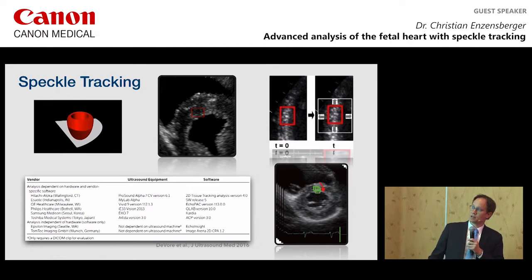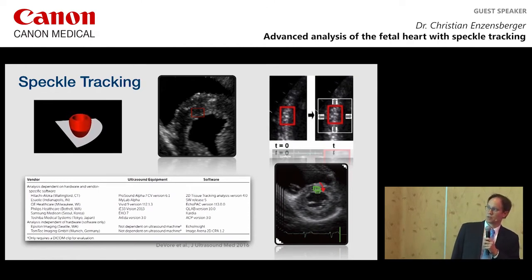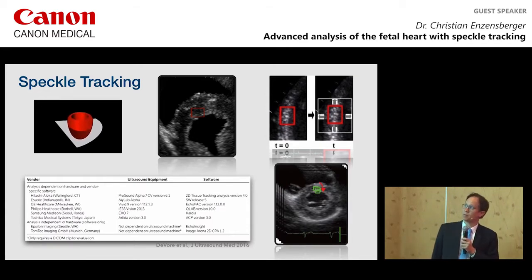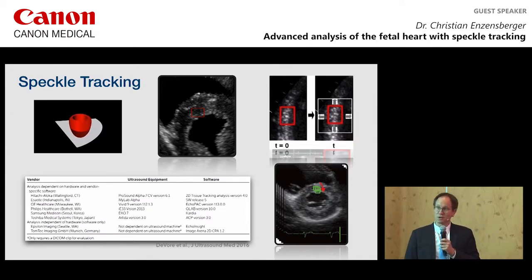As you can see here in this table, there are quite a lot of vendor-specific software solutions available, and we want to concentrate today especially on the one available from Canon, the one we have been working with in our department for several years now.